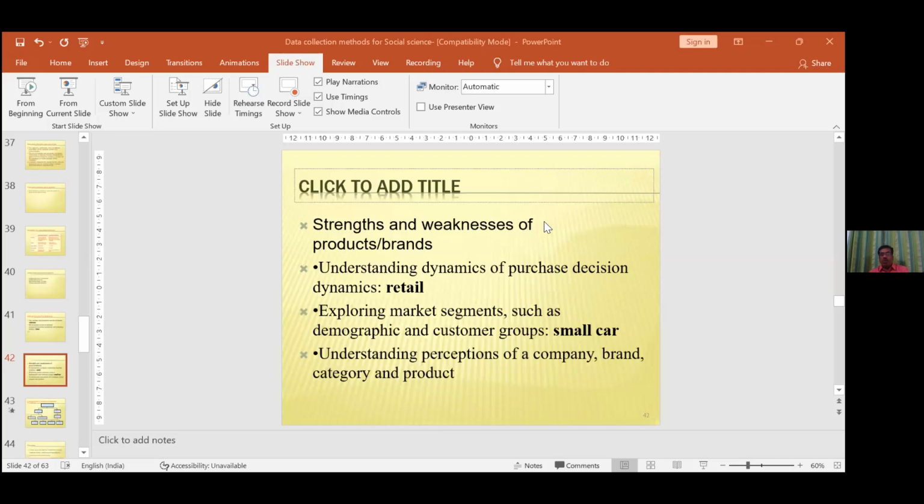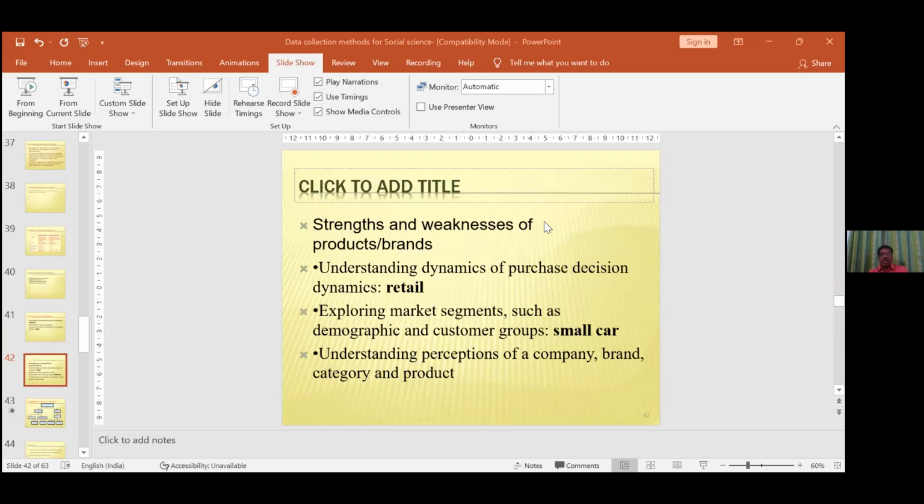You can also collect data related to the strengths and weaknesses of the products or brand. You can also understand purchase decision dynamics. Say, for example, what are the retail purchase decision dynamics.